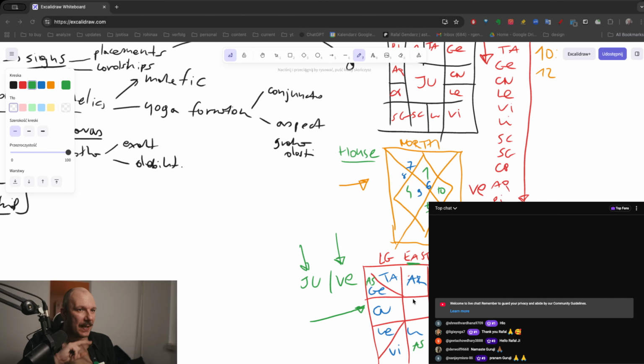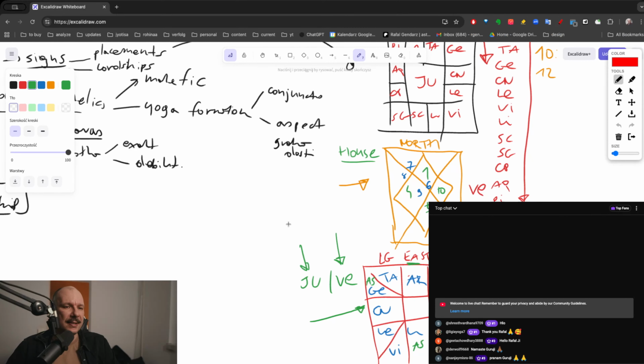All right, the thing which I wanted to go to now, the second thing when we talk about the signs, is the lordship, right? So the lordship is very nicely understood when we talk about the chart.